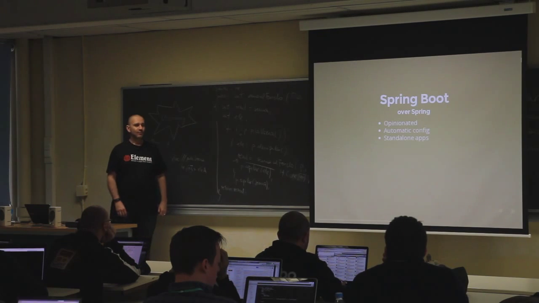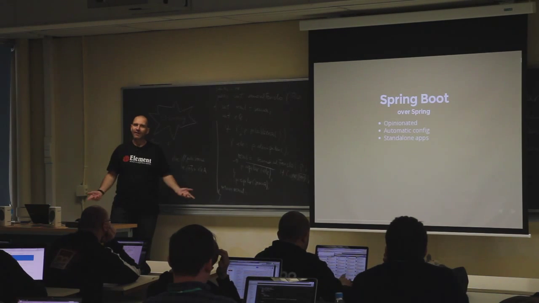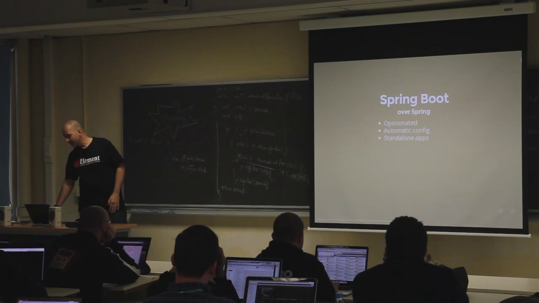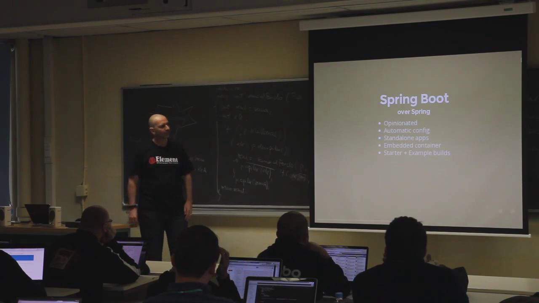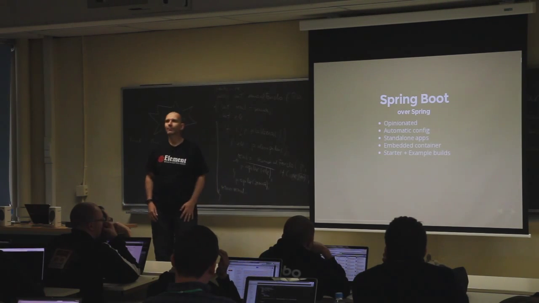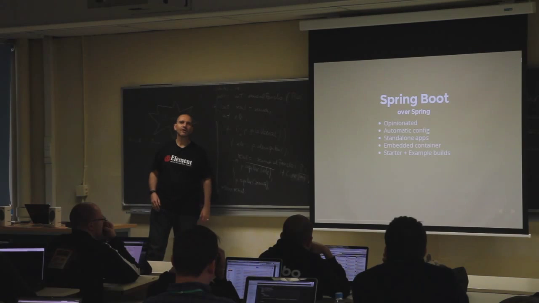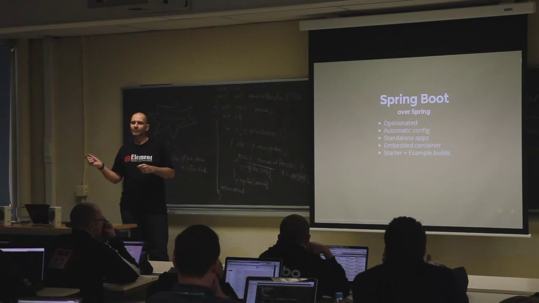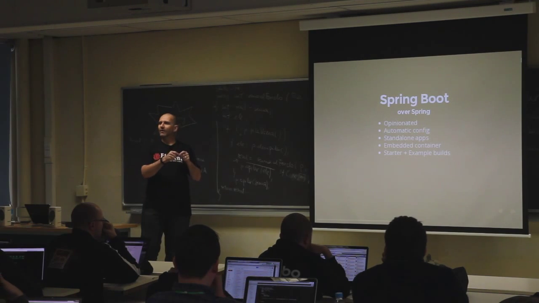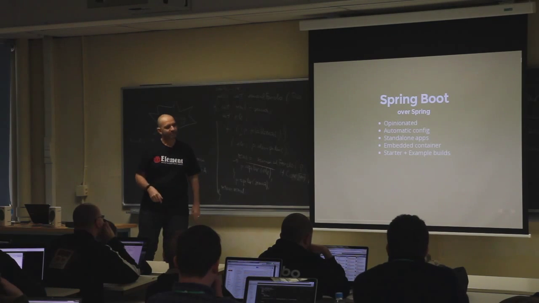It also allows you to build standalone apps, which is exactly what a microservice is, with an embedded container. Also, in the source code, you'll find folders full of starter template projects. So if you want to write a project that works specifically with Mongo, they've actually got a little startup project that you can just pull out and copy over somewhere to start your own microservice, and you just start filling in the blanks.